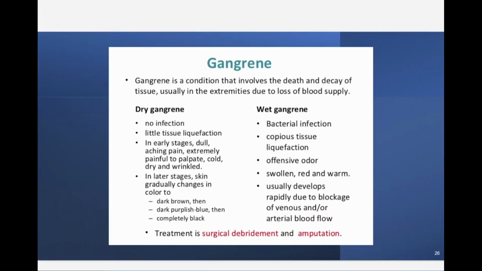So here's a good summary slide, again, between dry and wet gangrene, comparing, you gotta know this one, obviously. This one's really important as far as the differences between. Now, even though they both have gangrene, one is wet, one is dry, the treatment is the same. Surgical debridement, get rid of all that dead tissue, and if the dead tissue is built up enough, amputation may be required as well.